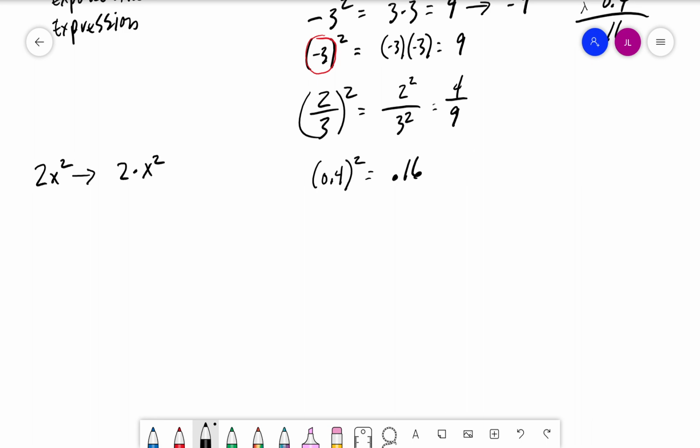So we look at this and we say, okay, what about when x is equal to 3? Well, we'd be saying 2 times 3 squared. Well, that's 2 times 9, which is equal to 18. So if we're evaluating a variable with an exponent, we can still work that when we have a value that we can replace it with.